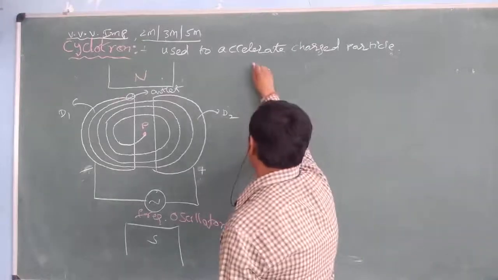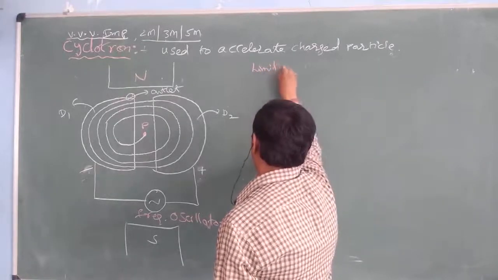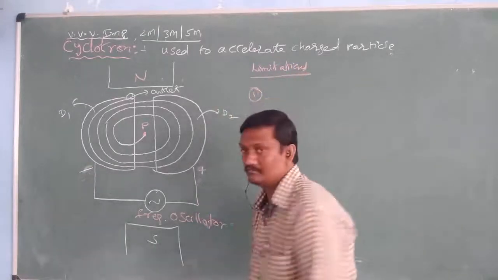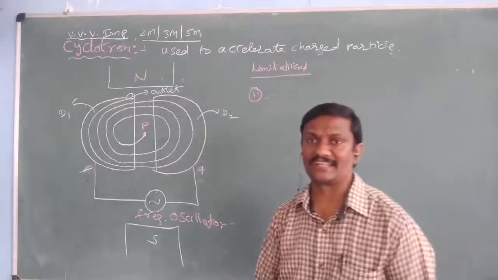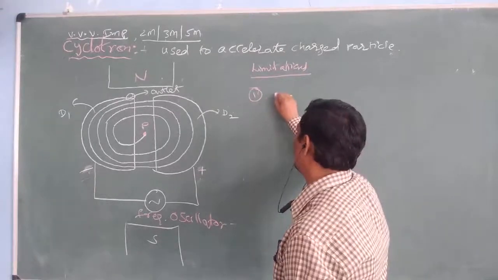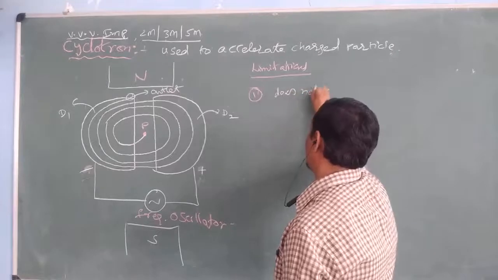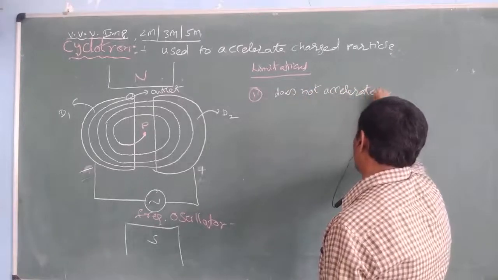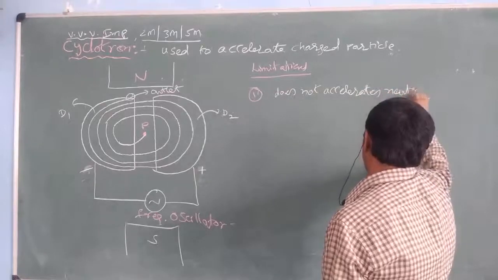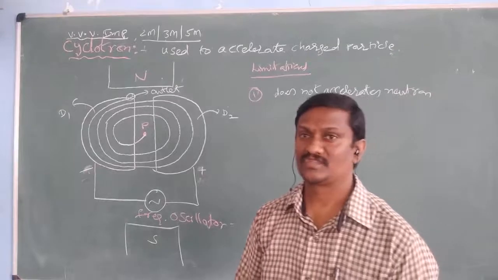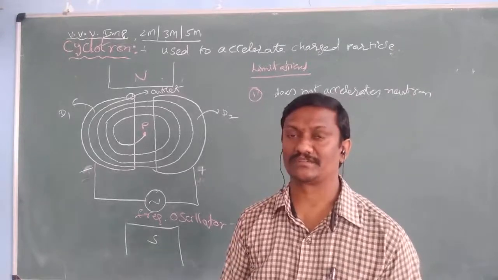So the cyclotron never accelerates a neutron, because a neutron is an uncharged particle.